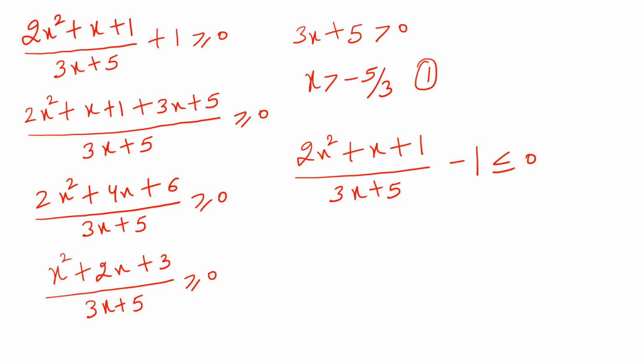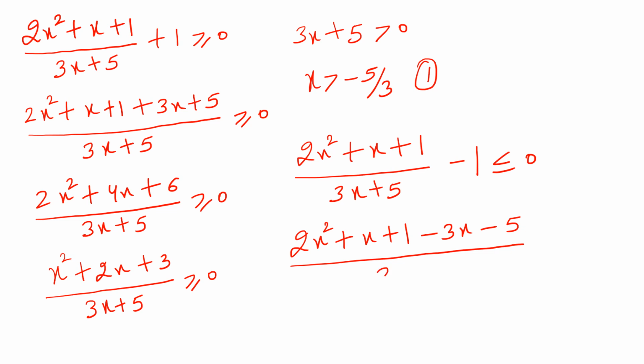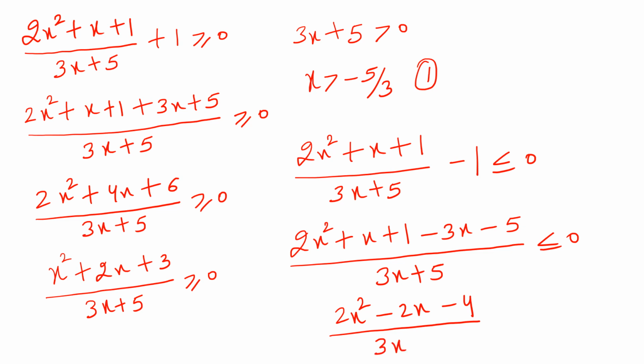Now students, this can be written as (2x square plus x plus 1 minus 3x minus 5) whole divided upon (3x plus 5) less than or equal to 0. So from here we get (2x square minus 2x minus 4) whole divided upon (3x plus 5) less than or equal to 0. Now we move further.